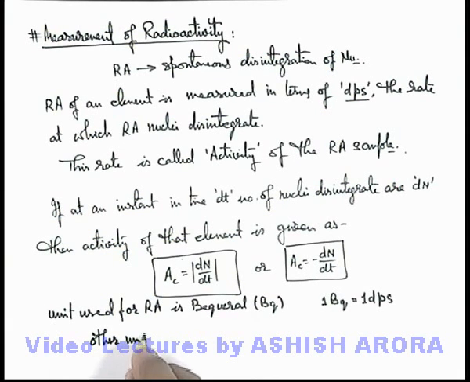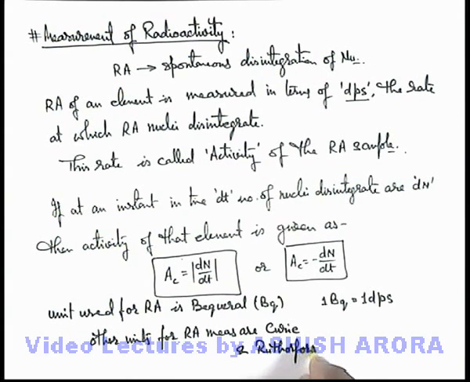Other units for radioactive measurements are Curie and Rutherford. These are also the physicists who worked on the discovery of radioactivity and further research on radioactivity, and based on their names the units used were: 1 Curie, which is equal to 3.7 times 10 to the power 10 disintegrations per second, and 1 Rutherford is 10 to the power 6 disintegrations per second.